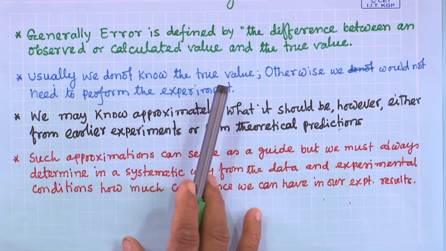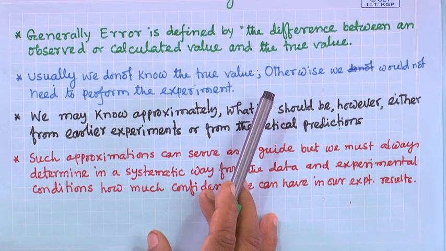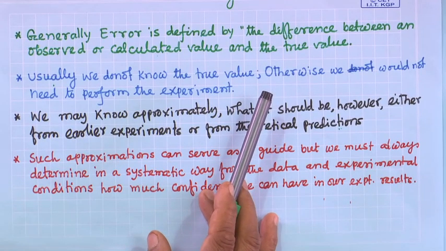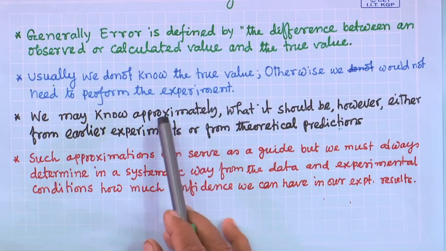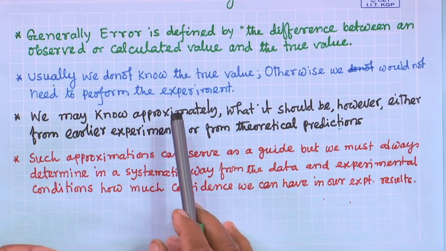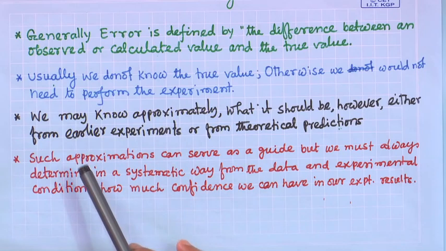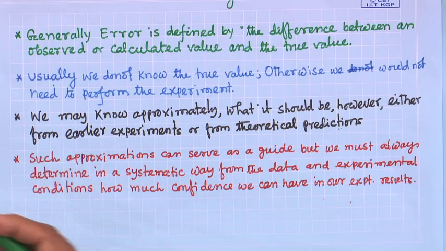Most of the time, we may know approximately what it should be, either from some earlier experiments or from some theoretical predictions. That value is not the true value; it is the available experimental value or the theoretical value.